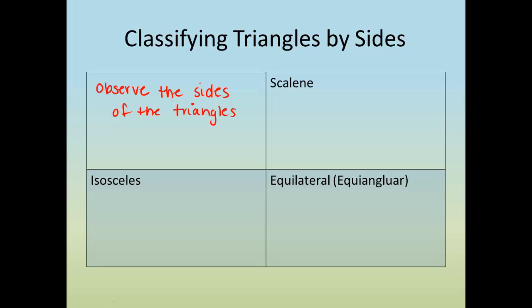A scalene triangle has three different measurements. In other words, a scalene triangle has no congruent sides.